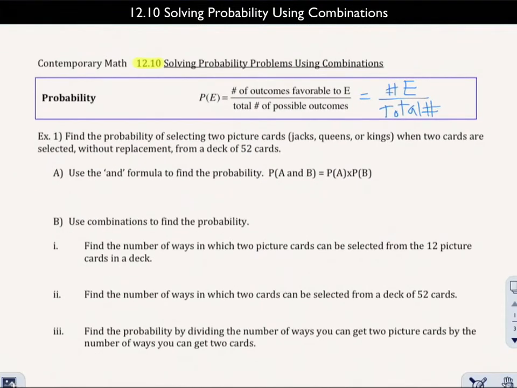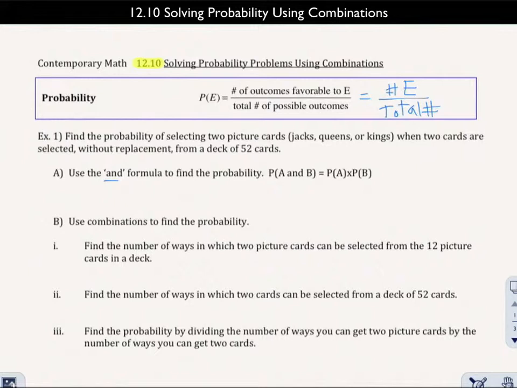So we're going to go through an example now showing how we can use combinations to help us solve some probability problems. In example 1, it says find the probability of selecting two picture cards when two cards are selected without replacement from a deck of 52 cards. We can already do this using the AND formula.